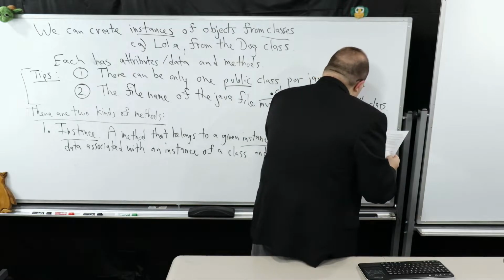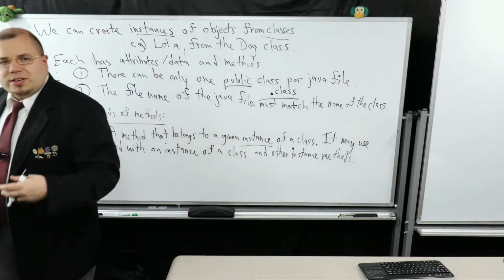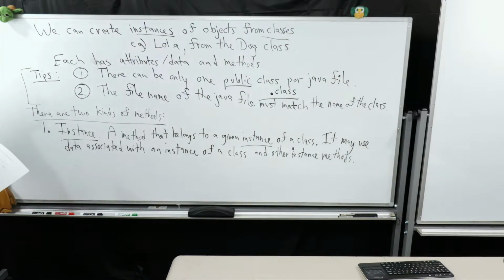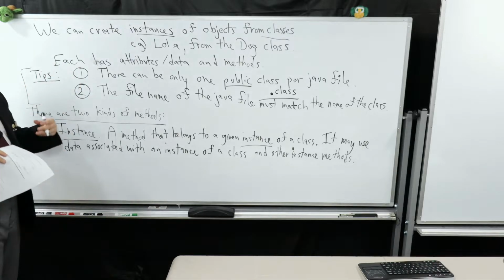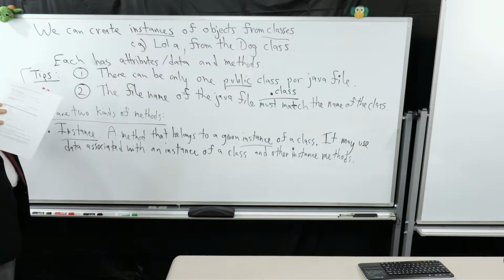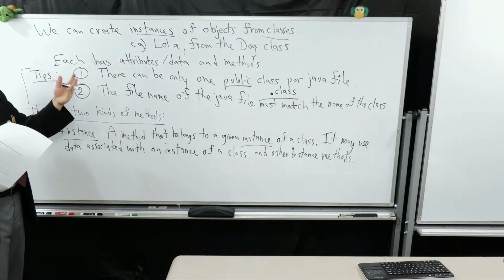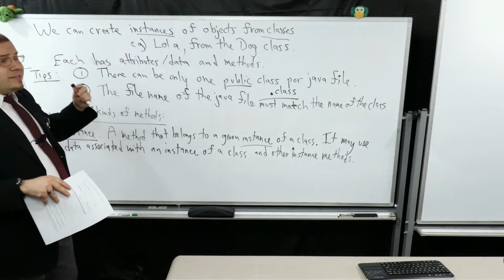So just be aware that there's these things called instance methods. They use data and attributes associated with an instance of a given class. So when I create an object of that class and say those attributes represent a dog, for example, and that dog happens to be Lola, there are instance variables.